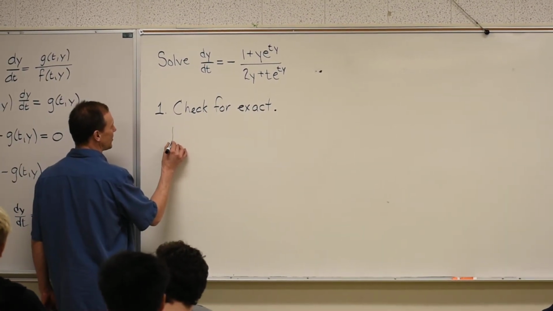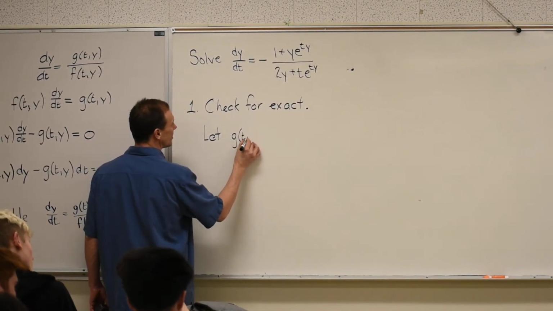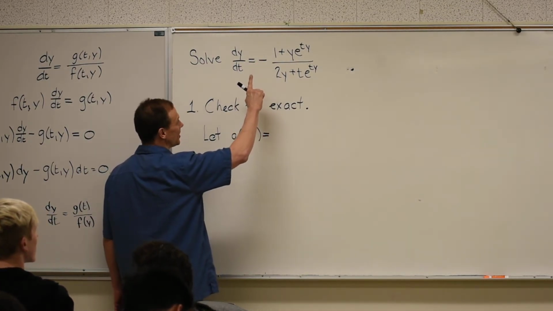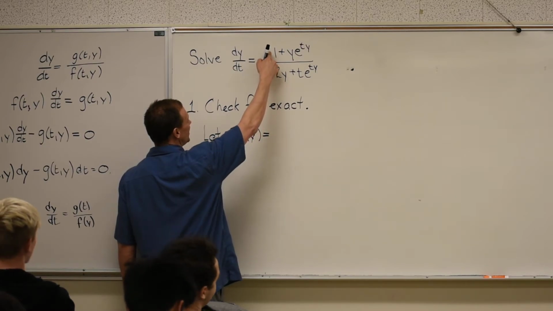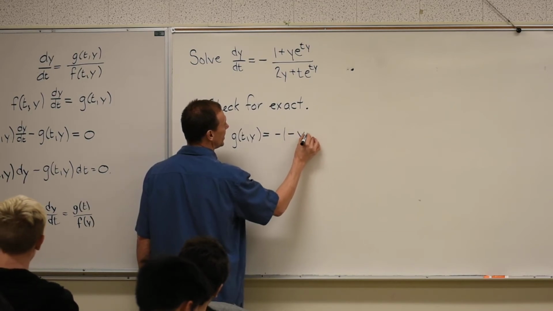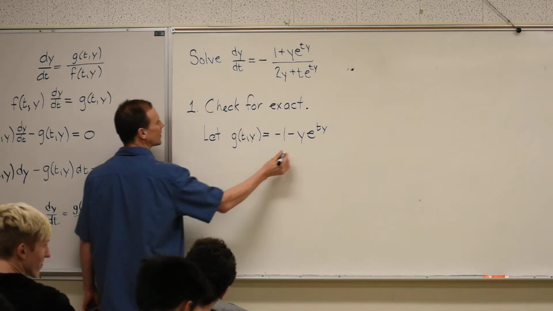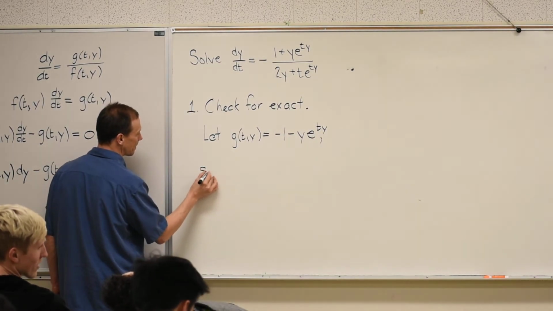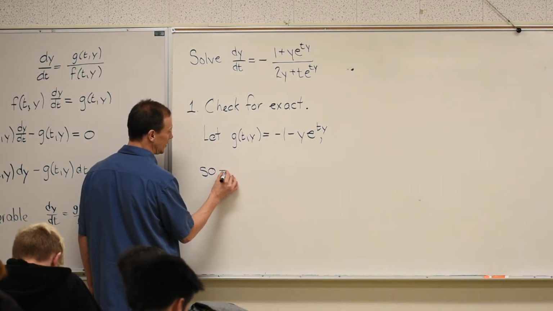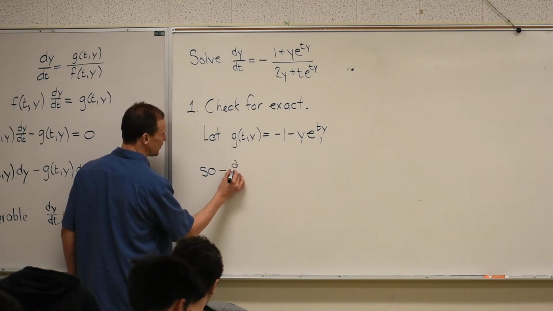Check for exact. Let's use our same notation. We're going to have g of t comma y as our numerator. And just so we don't mess around, let's put that minus sign into the numerator. So g of t comma y is minus 1 minus y e to the ty. Now we're going to put an additional minus in here: minus the partial.